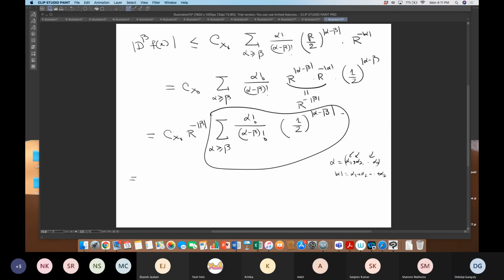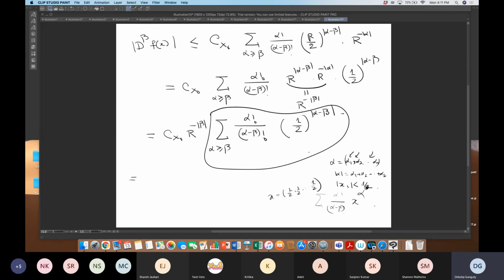Remember, it is convergent when xi is less than 1, strictly less than 1. And here, what is your x in this case? Half. Yes, x is nothing but half, n times half.